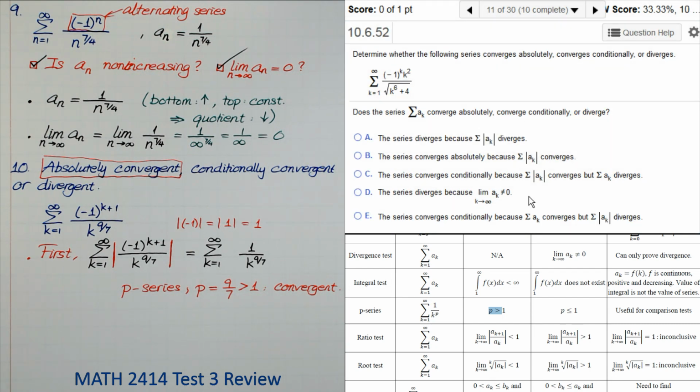So just throw in absolute values and see what happens. If it is convergent, that's it. Right.